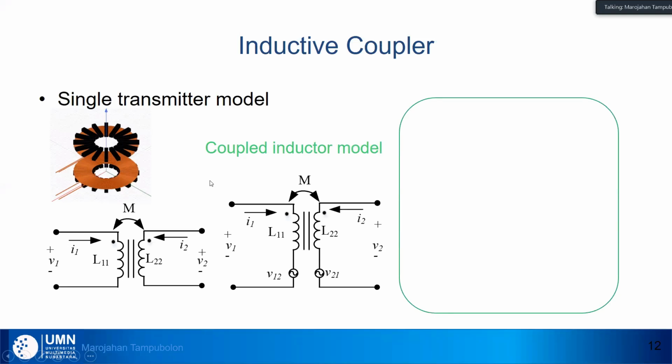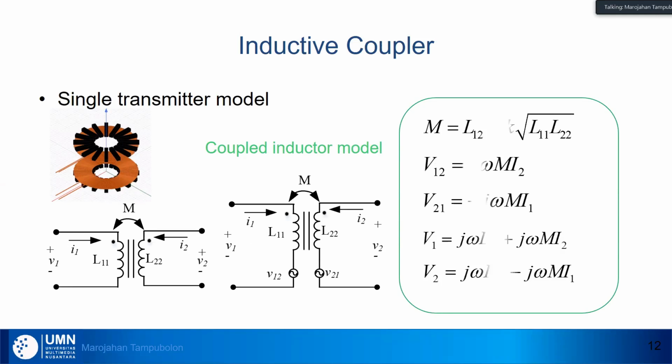If we use the mutual inductor model, we will have this relationship: the mutual inductance L12 is equal to K times the square root of L11 times L22, which are the self-inductances of each coupler.